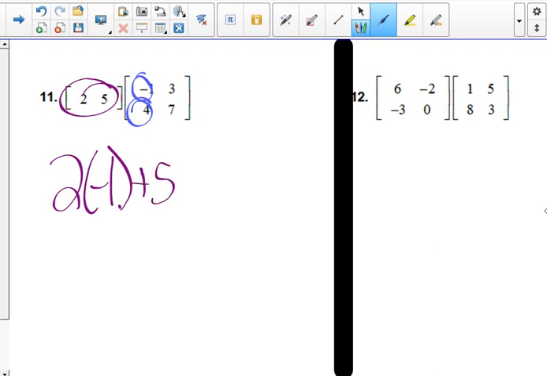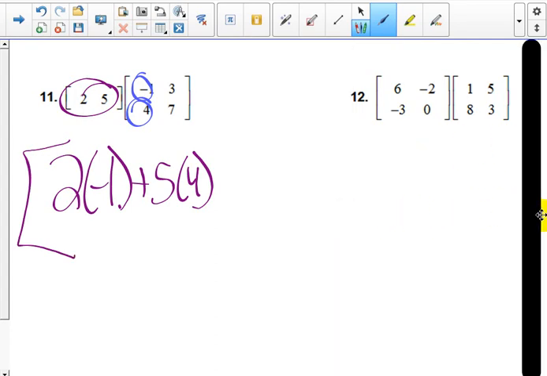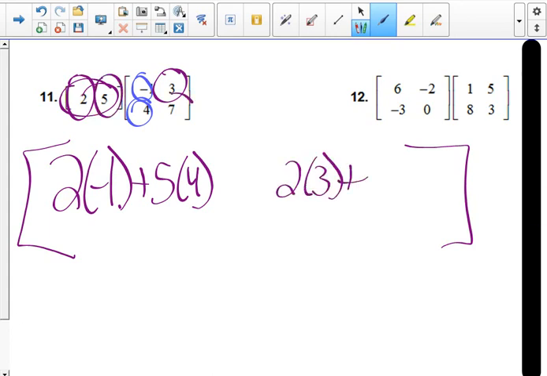plus 5 times 4. That's your first element. And then your next element, I'm just going to get rid of this thing right now, is going to be 2 times 3 plus 5 times 7. Okay?